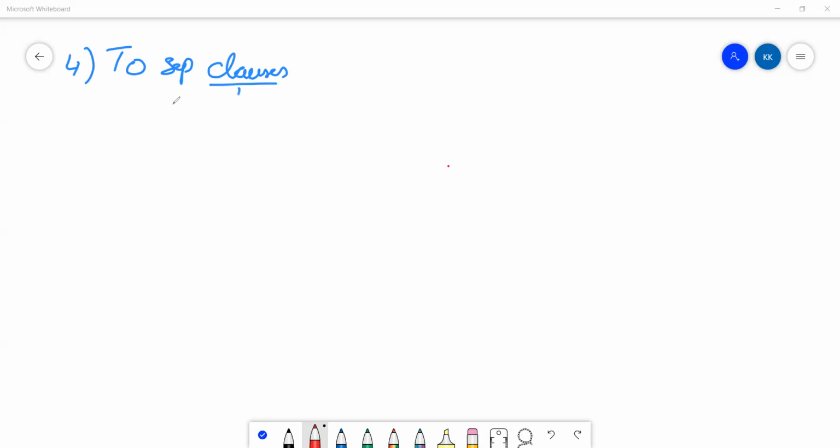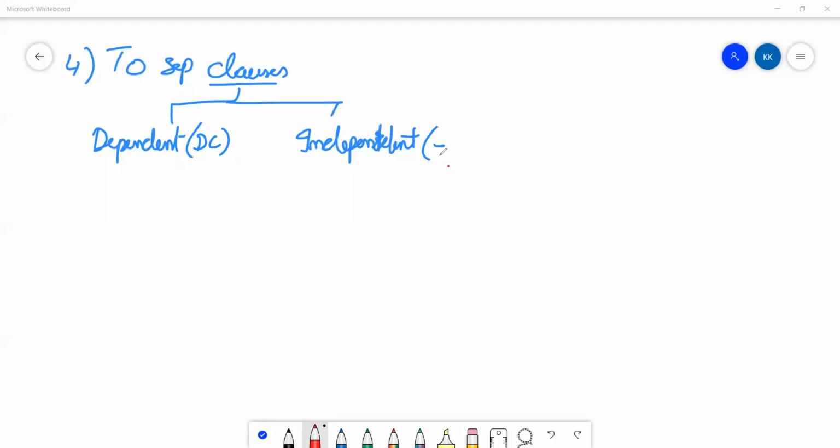Now, clauses are of two types: dependent clause and independent clause. Okay, so we will refer to this as DC from now and this one as IC. Now, what is a dependent clause? A dependent clause is a clause that does not make sense by itself.